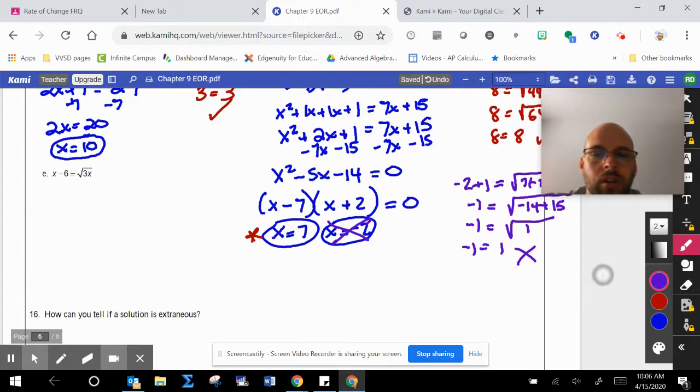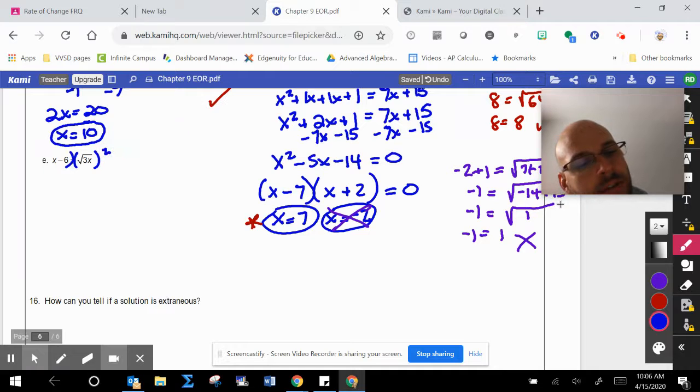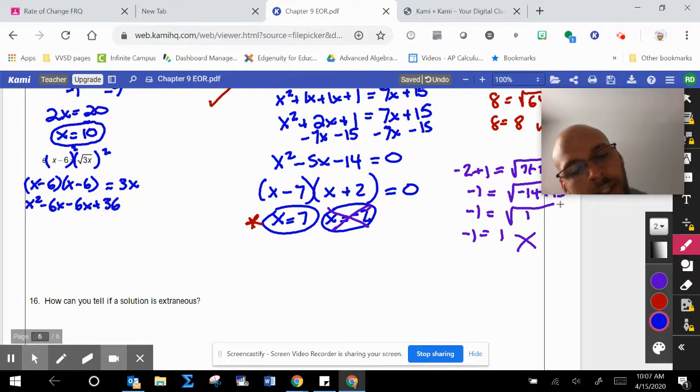All right. So let's take a look at the last question here, part E. Hopefully, I left myself enough room. But we are going to square both sides. So I have an x minus 6 times an x minus 6 equals 3x. If I distribute, I'm going to get x squared minus 6x minus 6x plus 36.